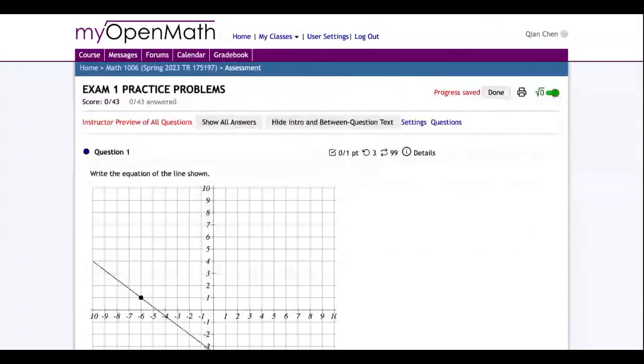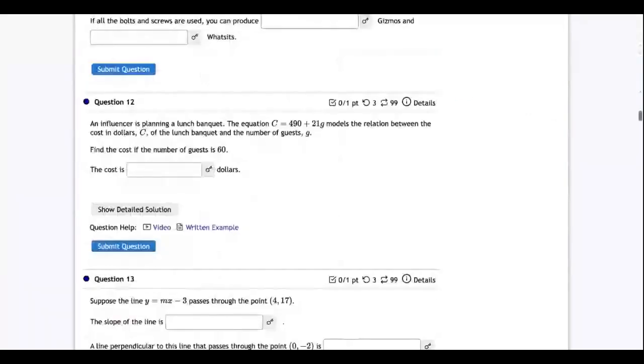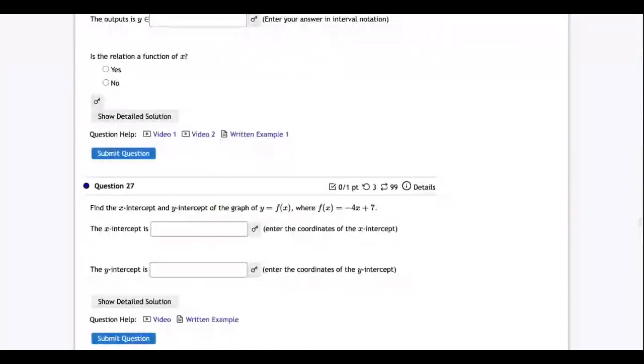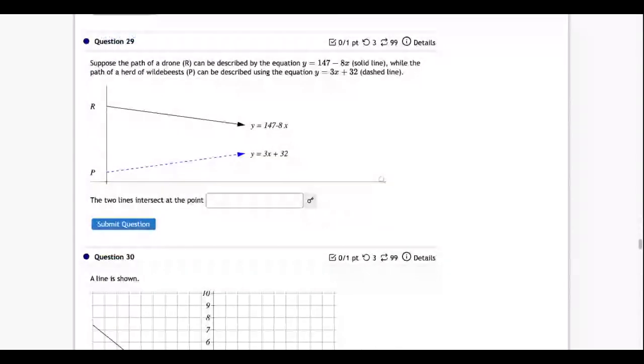Professor, can you go over number 29? Sure. It says my practice exam is number 29. It starts with: suppose the path of a drone, we call R, can be described by the equation y equals 147 minus ax.